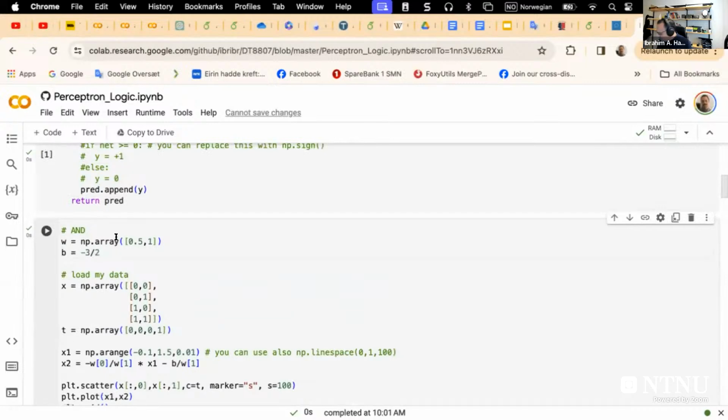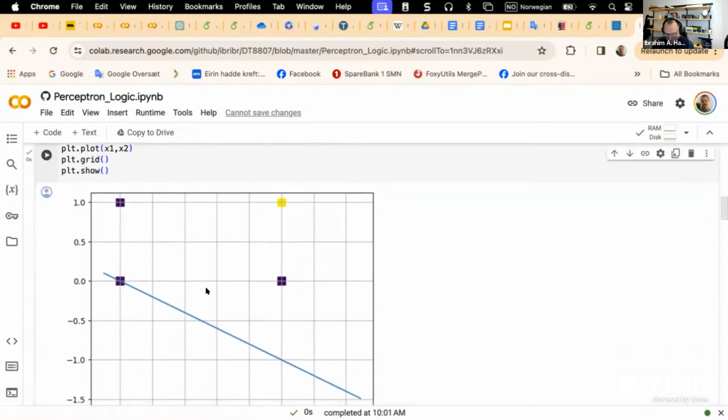I will put this one again into 1 and test my model. Do you see what happened? So the line still has the same slope, but now it goes through the origin because I selected B equal 0. So when you change the B value, the line will go through the origin.